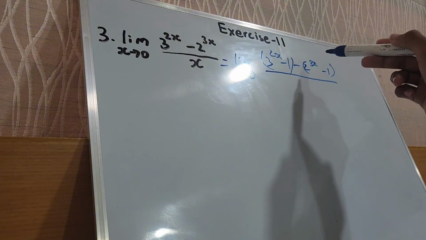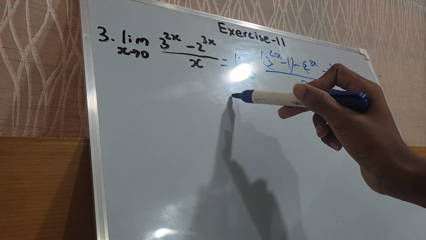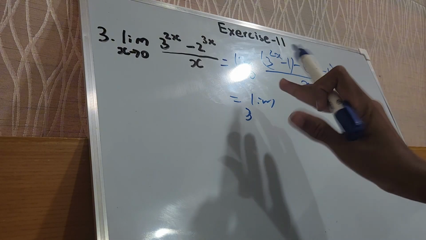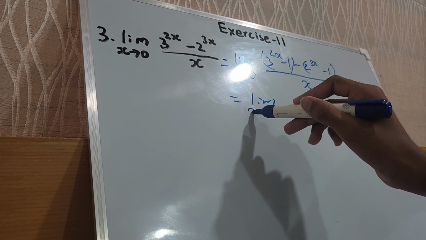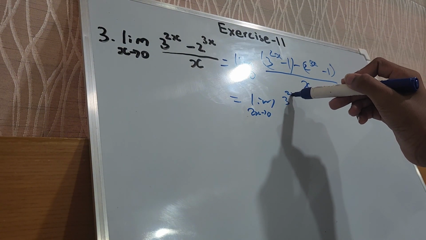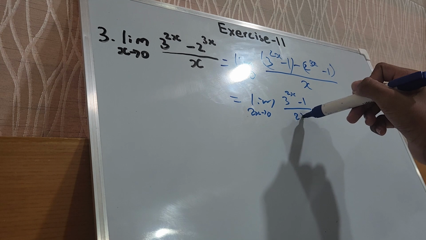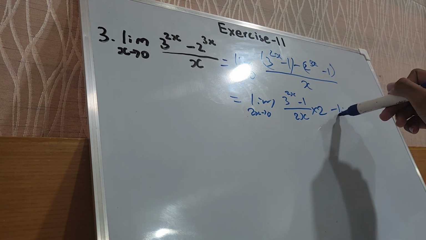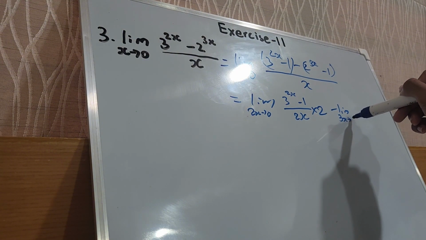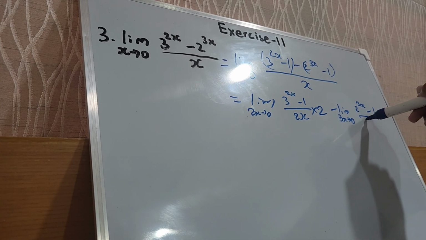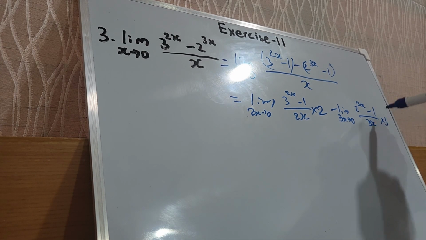So adding and subtracting 1, all by x, which is equal to: if x tends to 0, then 2x tends to 0, so take this part, 3 to the power 2x minus 1 by 2x into 2, minus limit 3x tends to 0, 2 to the power 3x minus 1 by 3x into 3.